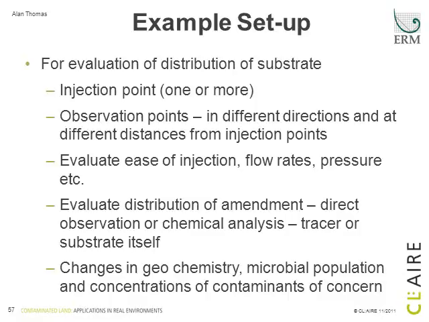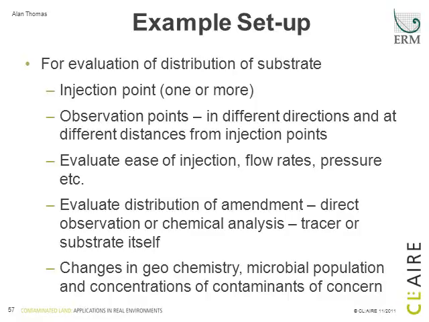But you also need to put these observation points within the likely zone of influence of your injection, because you'll be relying on groundwater flow to transport the contaminants and degradation products, so you can observe the changes within the observation points.